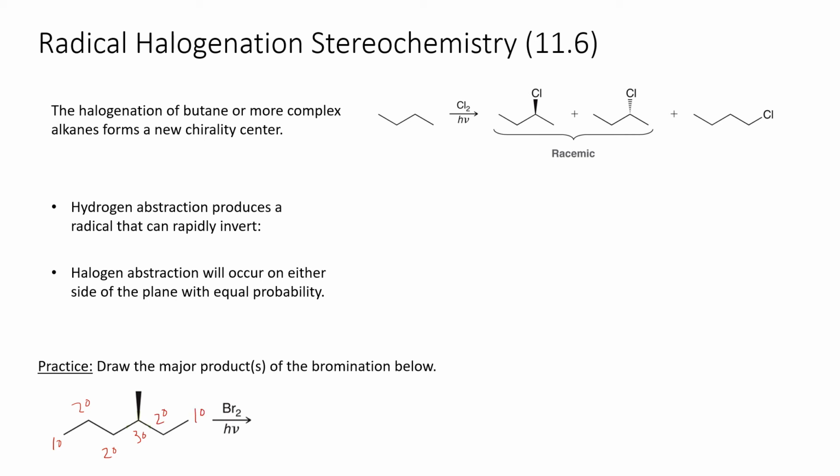So we see here that bromination is going to occur at the tertiary position, which is already a chiral center. So we're going to get a mixture of products. So remember, if you can form a chiral center with radical halogenation, you're going to always get a racemic mixture.